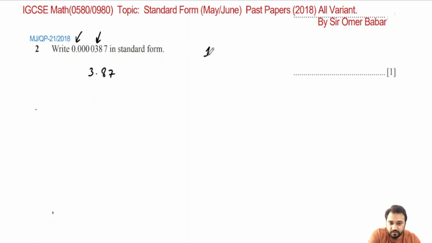Keep it in mind, first non-zero digit. Here 3 is our first non-zero digit. I'm going to write the decimal after it.